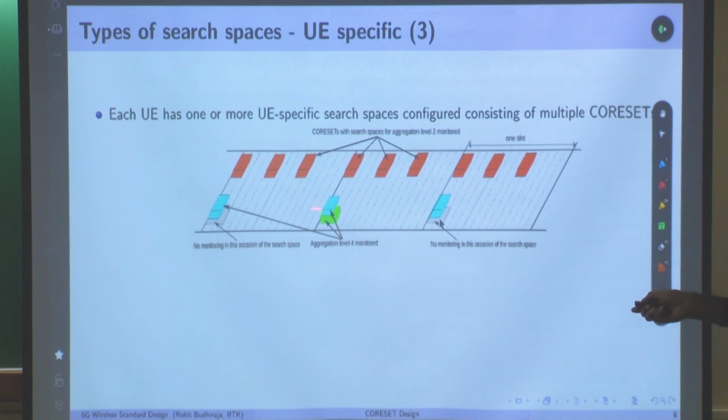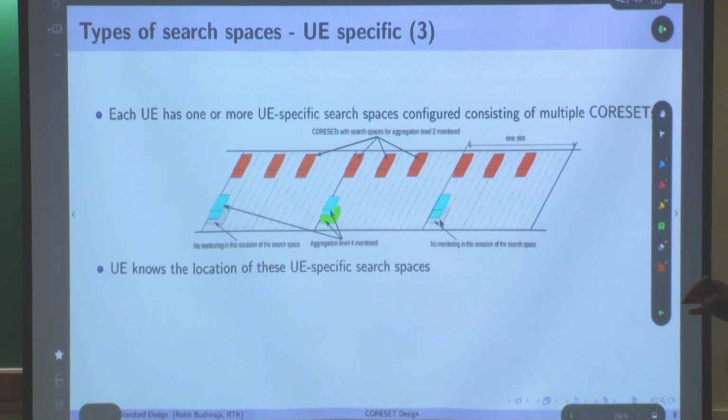So that's the point we made, that these search spaces can change dynamically over time. Okay, and they are changing. UE is not monitoring here, but monitoring here. Again, not monitoring here. But this is being continuously monitored at aggregation level 2. At aggregation level 4, sometimes it is being monitored, sometimes it is not being monitored.